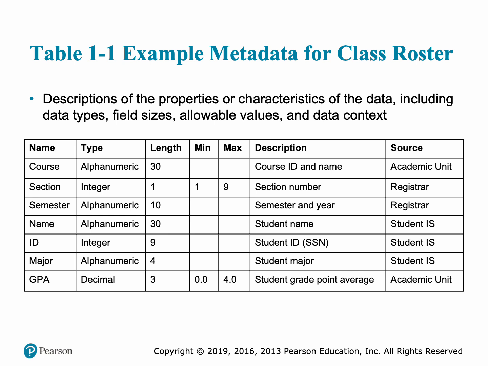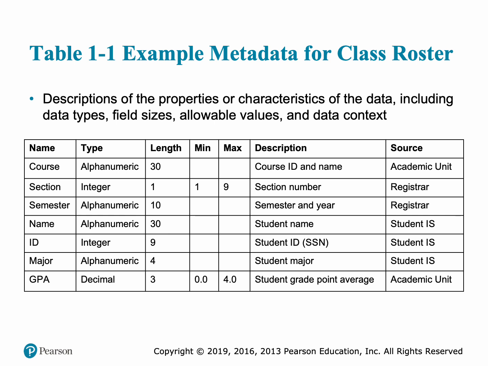Whereas the examples of metadata for the class roster, these are the descriptions. Metadata is not the data per se. Instead, it is a description of how data is to be stored and organized in a database. Metadata enables database designers and users to understand what data exists, what the data means, and how to distinguish this data.